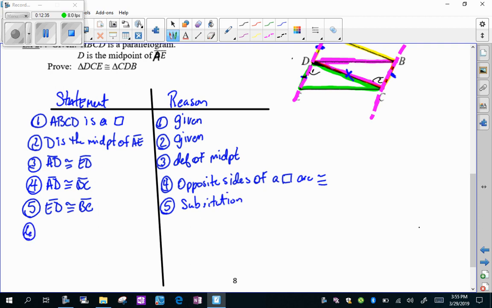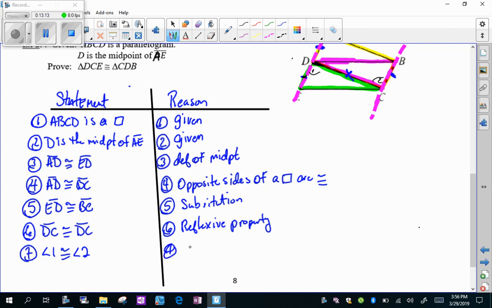6, I'm going to write DC. Segment DC is congruent to segment DC. And we all know that is a reflexive property. 7, angle 1. So angle 1 is congruent to angle 2.